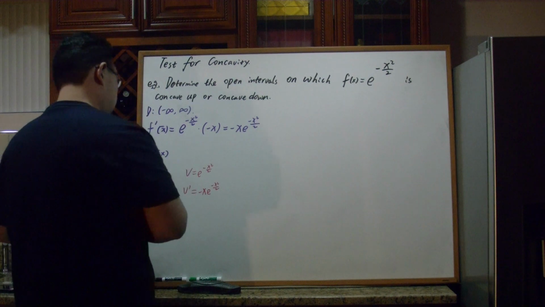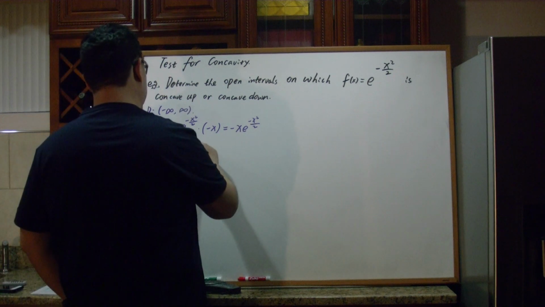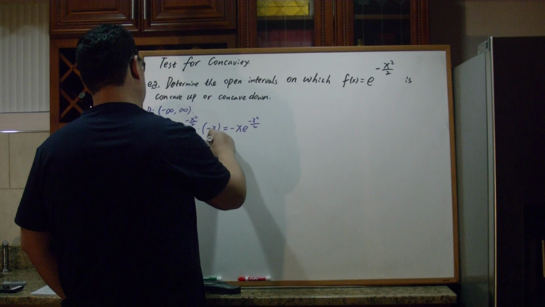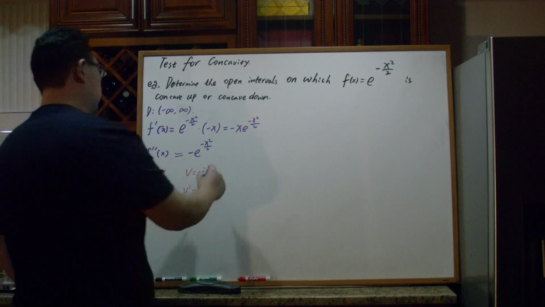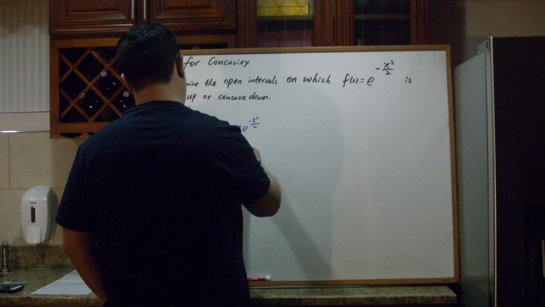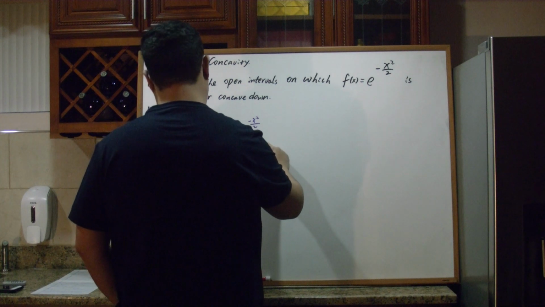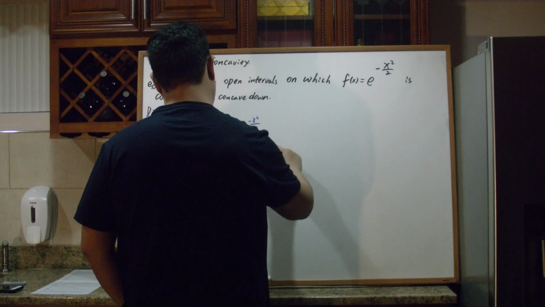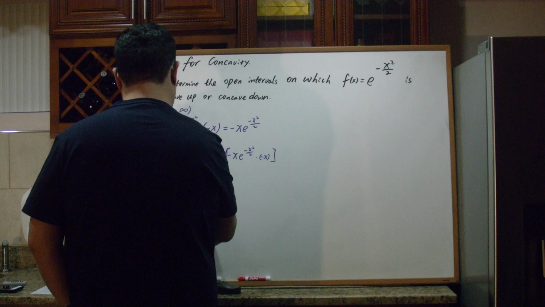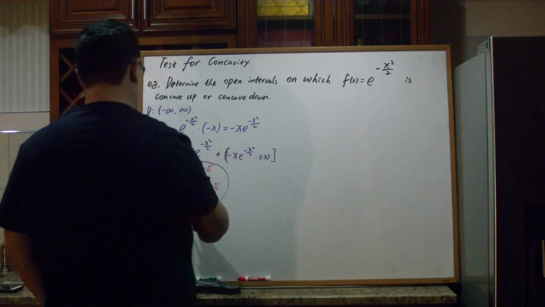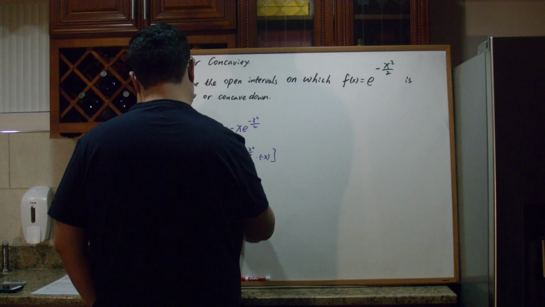By that, our f double prime of x becomes u prime times v plus v prime times u, plus negative x e to the negative x squared over 2 times negative x, which is a positive x squared times e to the negative x squared over 2.